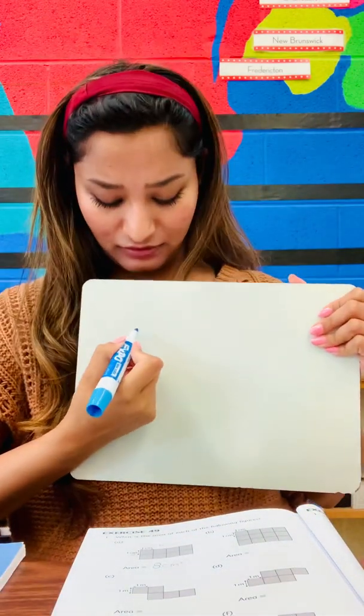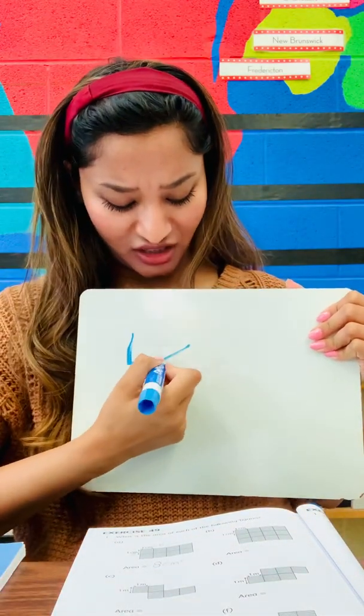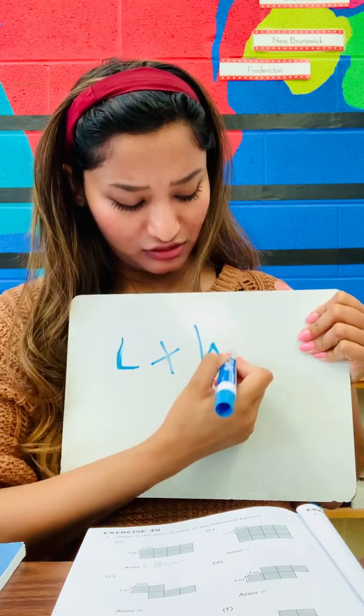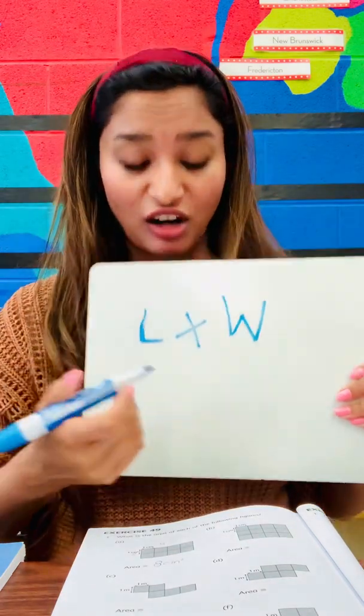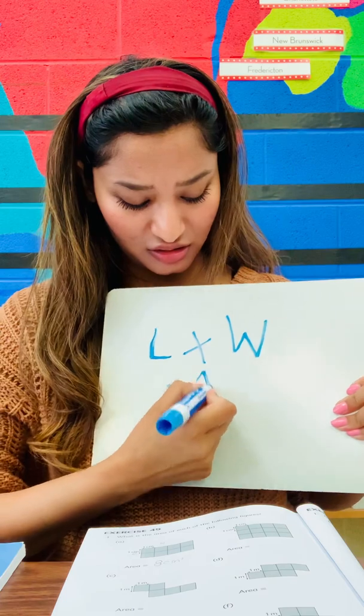So I'll just write it down here for you so you will remember. We are multiplying our length and our width. Area equals length times width. And this gives us our area.